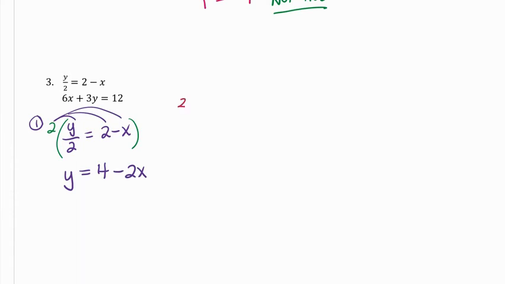Step 2, we take our other equation, 6x plus 3y equals 12. And we're going to take this guy we just solved for, and it says y equals, so I'm going to plug this in for the other y, right?